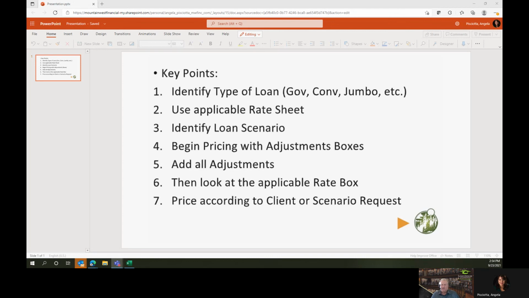Even if you had access to the automatic stuff, it's good to know how to do this manually, so you kind of know what's happening behind the scenes, that some of this stuff has adjustments and why it does. You have a lower credit score, that's a higher risk loan. You have a higher credit score, that's a lower risk loan. You're putting more money down, that's a lower risk loan.